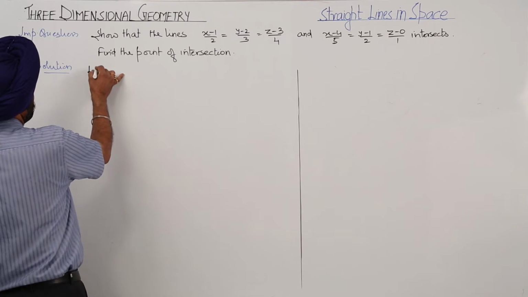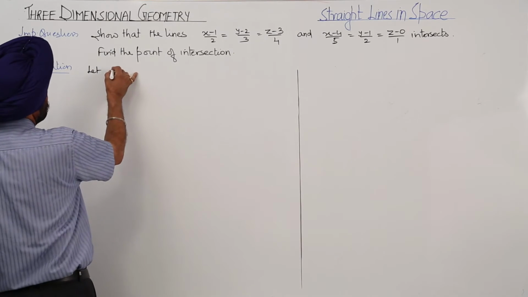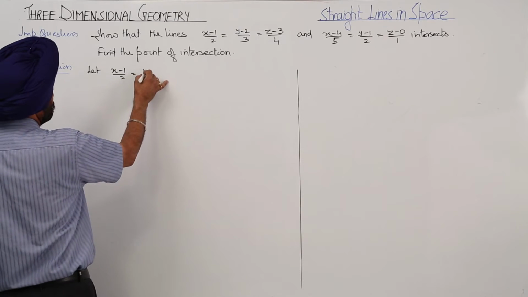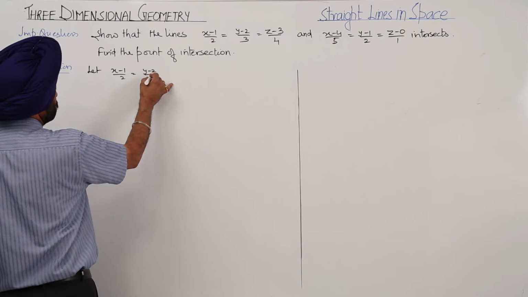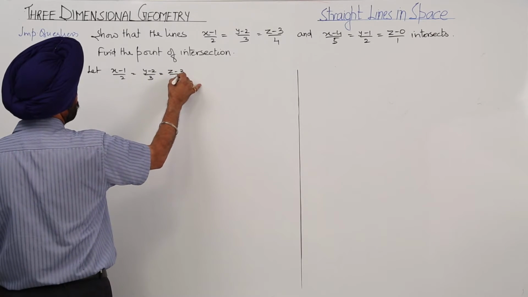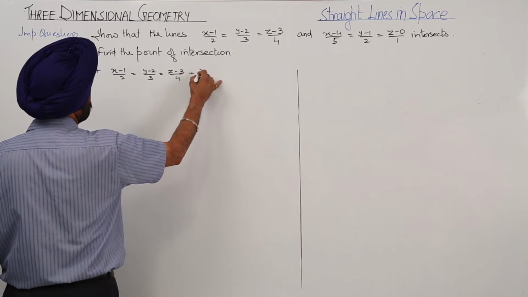Now, let (x minus 1)/2 = (y minus 2)/3 = (z minus 3)/4 = lambda.